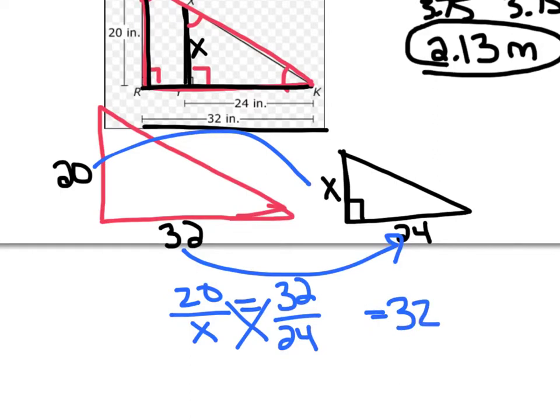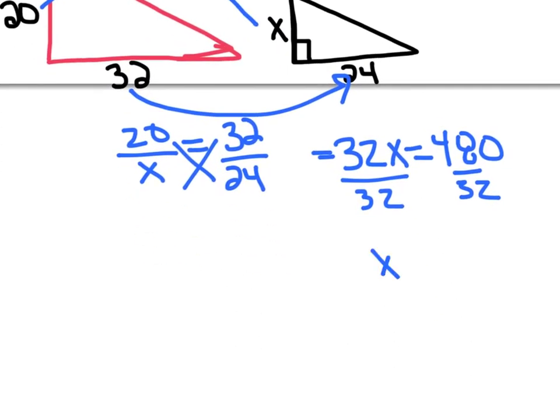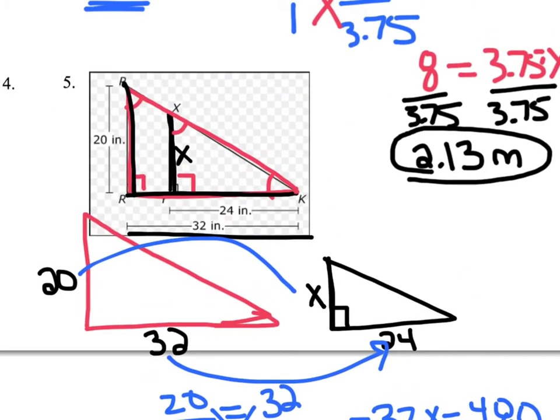We get 32x equals 20 times 24. That's 480, I believe. I'll double check that. Yes, it is 480. And let's divide by 32. And that is 15. So the height of that triangle is 15 units, whatever it might be.